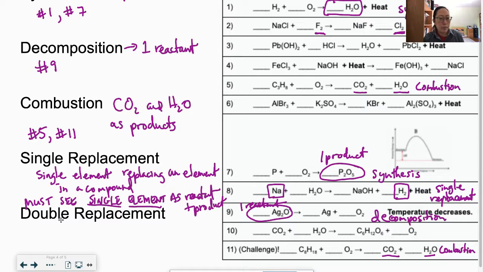Finally, the last type to recognize is a double replacement. So double replacement is when two ions replace each other.